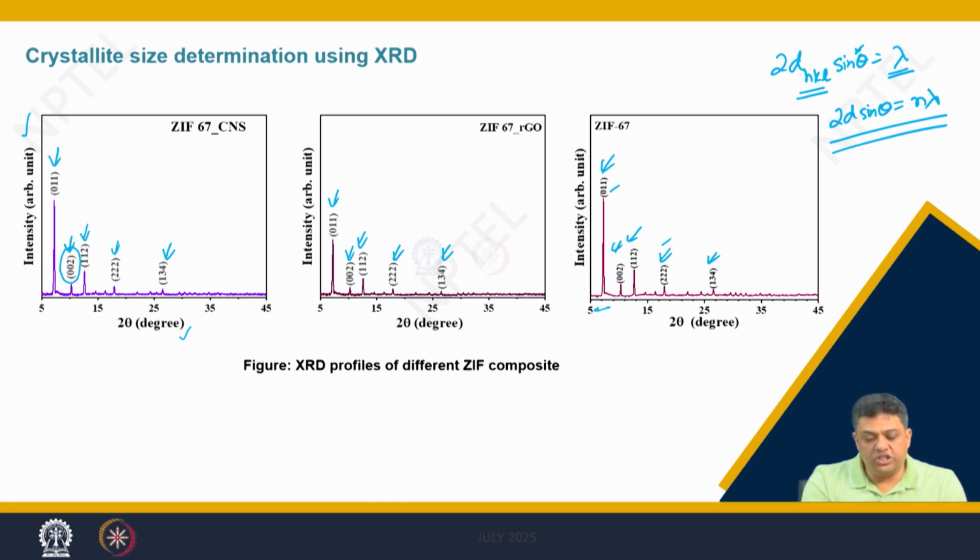Else you must mention the crystallite size which has been calculated corresponding to the Miller indices of the peak profile which was used.